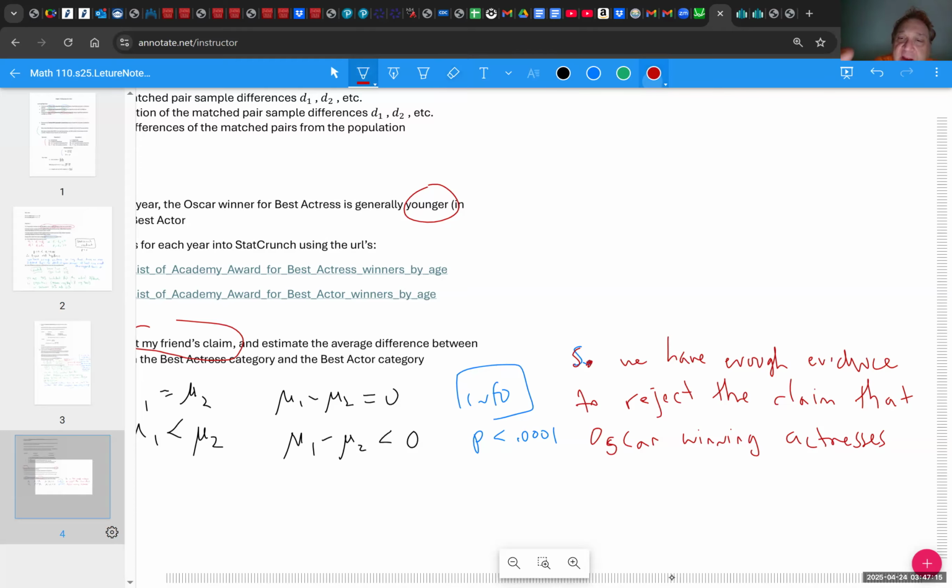There we go. The Oscar winning actresses mean age, there we go, that's where the mean goes, is the same or is equal to the Oscar winning actors mean age.